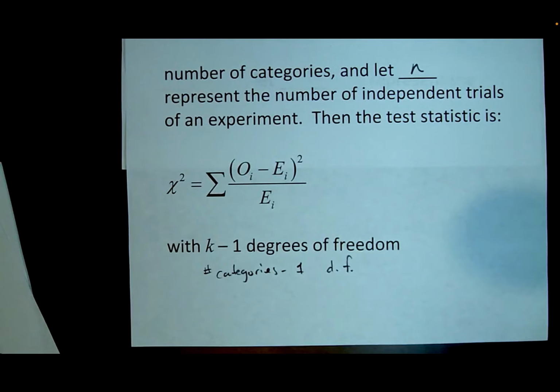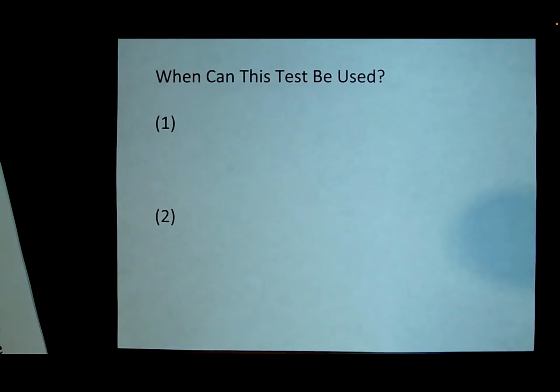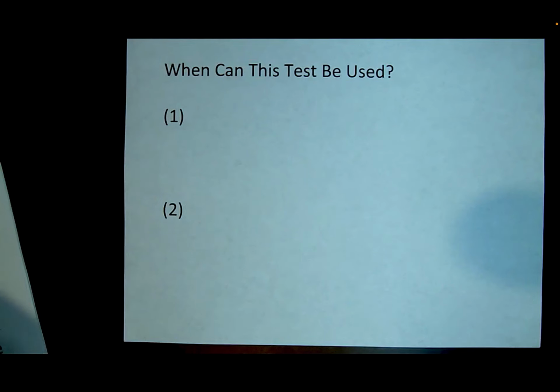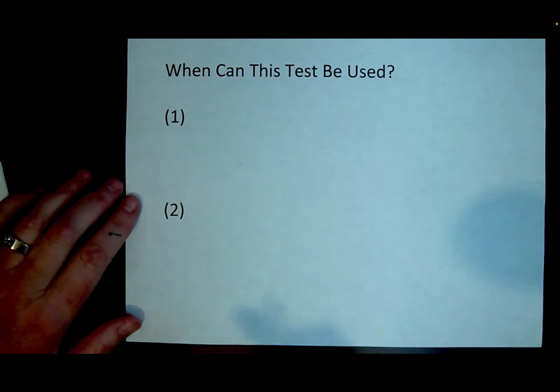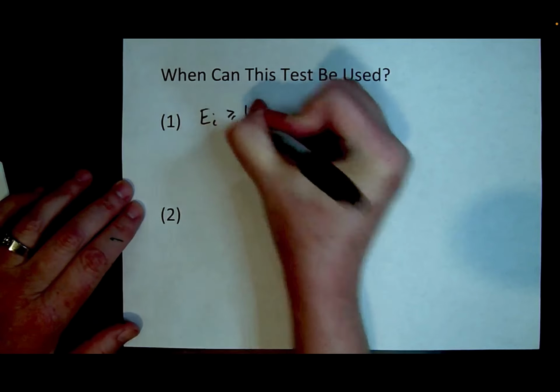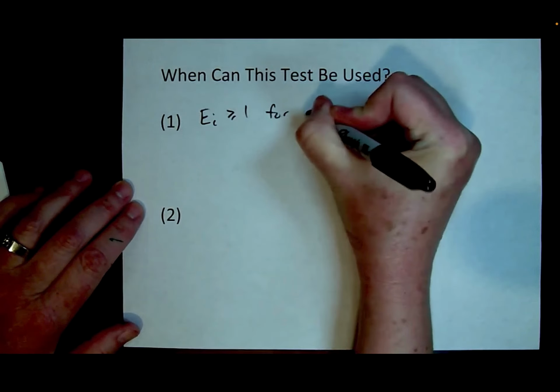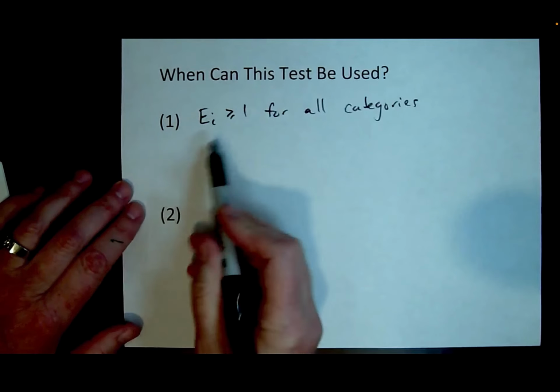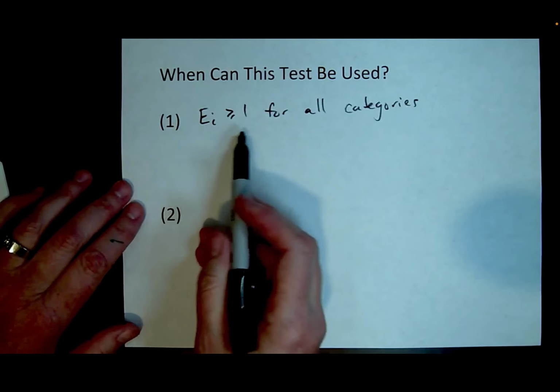Now we may need to know when we can use this test. So this method with the chi-squared, with this test statistic, when can we use that? Okay, the expected count has to be greater than or equal to 1 for all the categories. Okay, you can't expect 0 or negative counts.